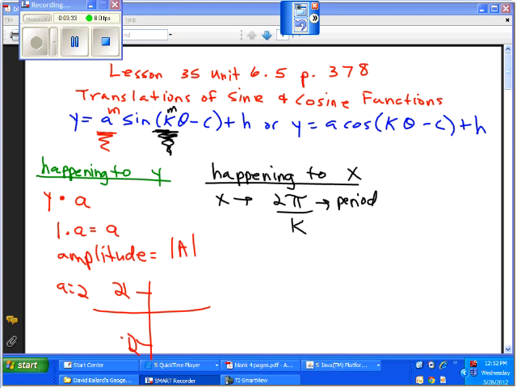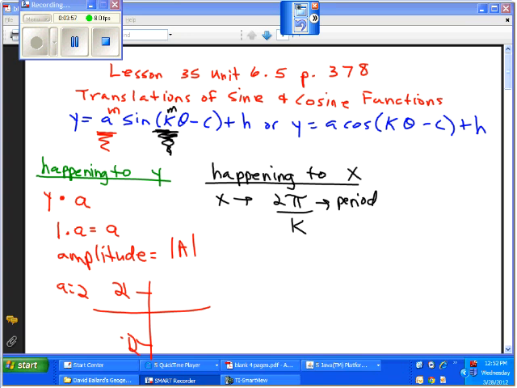We would get that the new period is 2 pi divided by k. And so we came up with a rule for amplitude and a rule for period based upon doing to y what's outside and undoing to x what's inside.